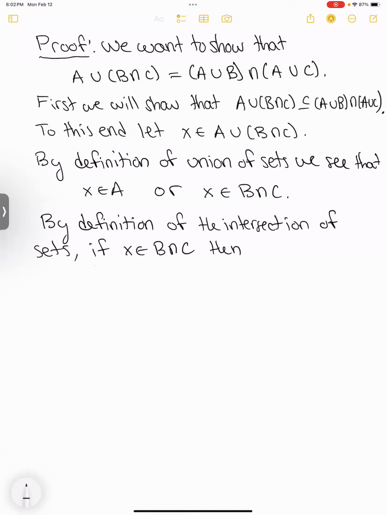So I have to say if I'm in the case where X is in B intersects C, then X is in B and X is in C. But this is a conditional statement because of this or.